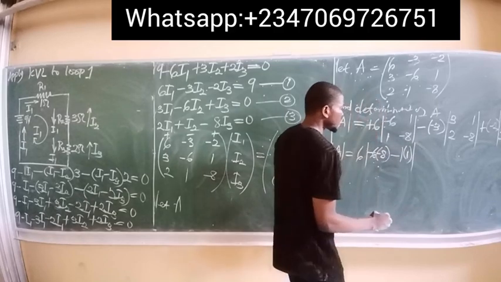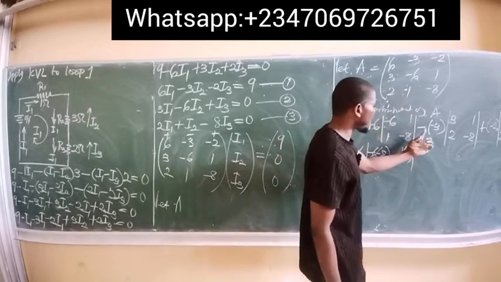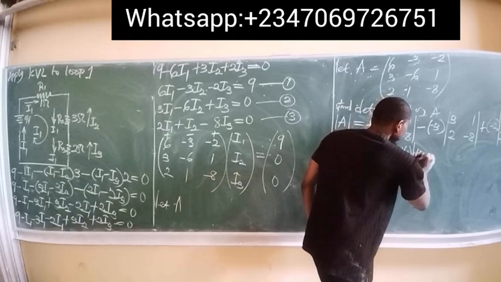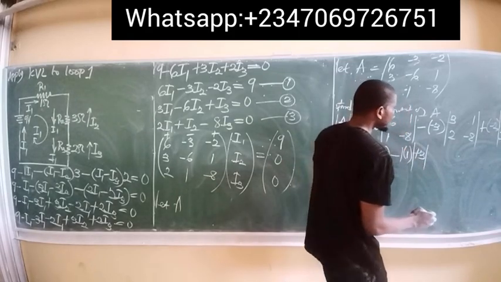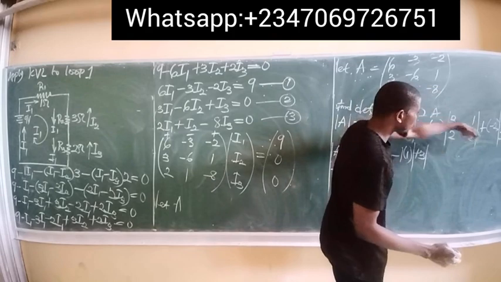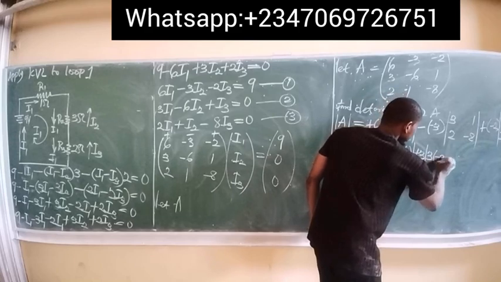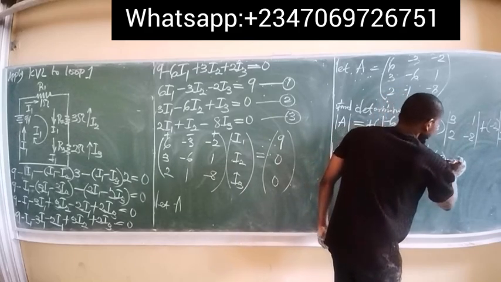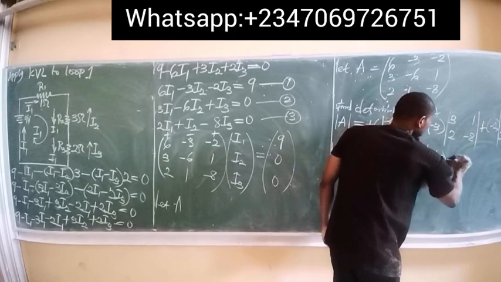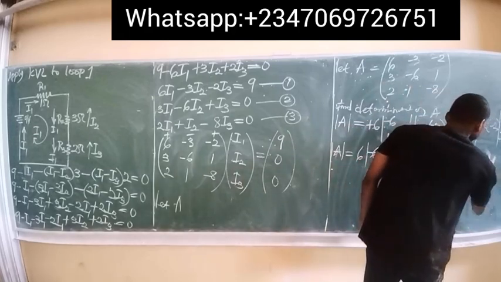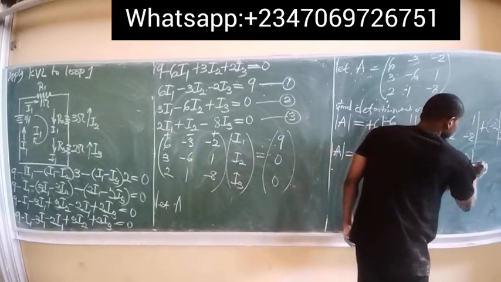Notice here minus minus is plus, so I have plus 3. Open your delta bar. Same thing: product of the major row, 3 times minus 2, minus product of the minor row, 2 times 1. Finally, plus and minus becomes minus 2.